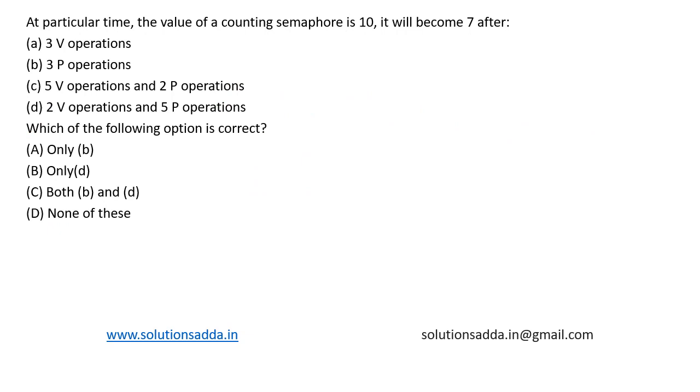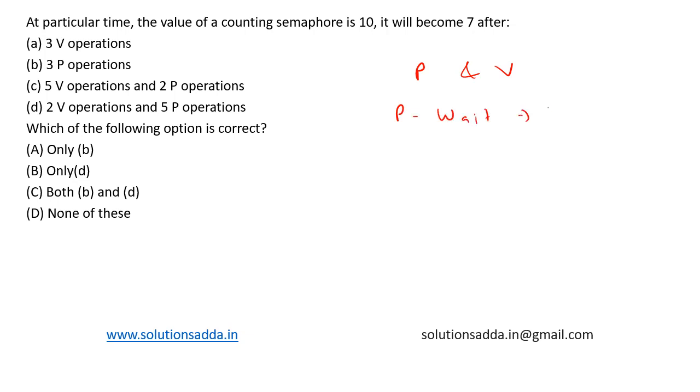This is a question from operating system. At a particular time, the value of a counting semaphore is 10. It will be 7 after option A, 3V operation, option B, 3P operation, option C, 5V operation and 2P operation, and option D, 2V operation and 5P operation. So let's understand what the P and V operations mean. P means wait.